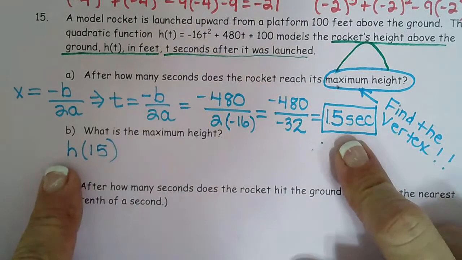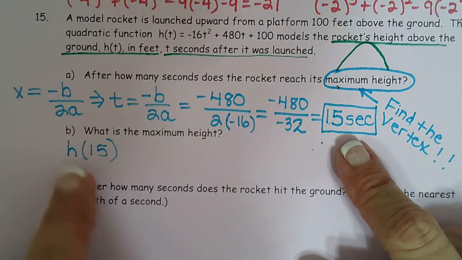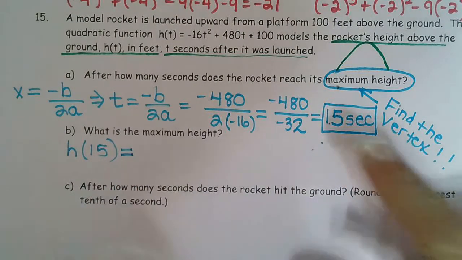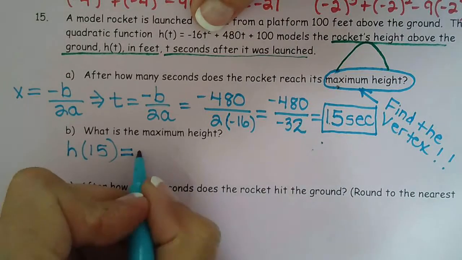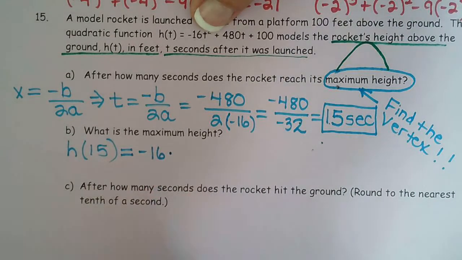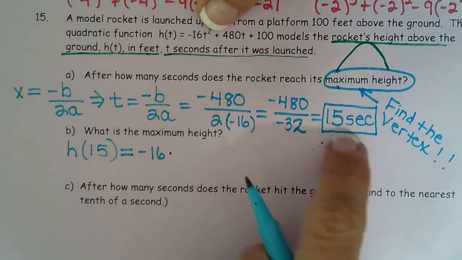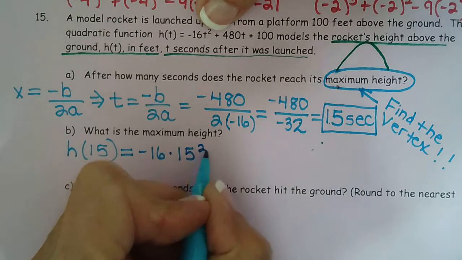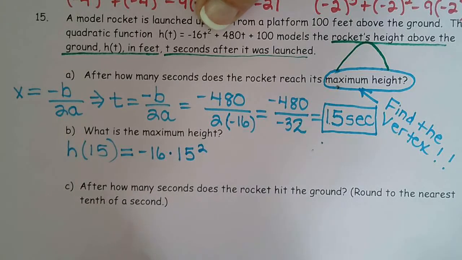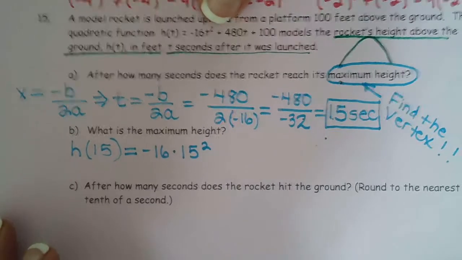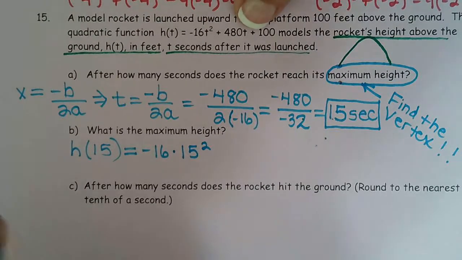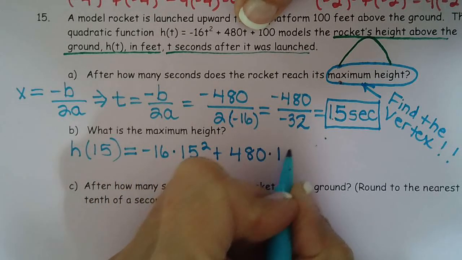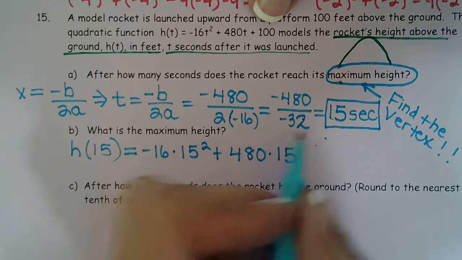And that's a notation that means the height after 15 seconds is, and then we do negative 16 times t is 15 squared, and you want to write this perfectly because this is what you're going to be typing into your calculator, plus 480 times 15 plus 100.